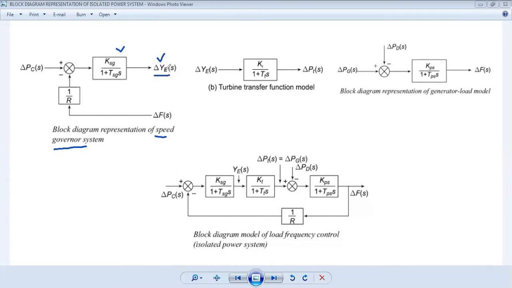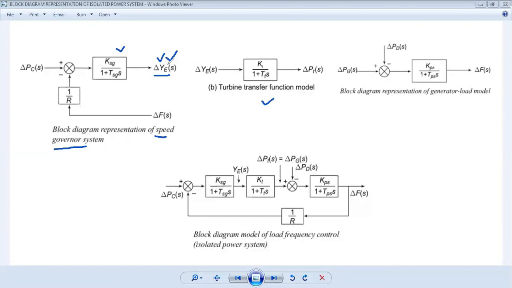Earlier we took it as delta X of s, and no doubt you can take delta Y of s also. So this is the input to the speed governing system, and it is the output of the speed governing system which controls the control valve movement, so that it will open and close. And the next one is the turbine model.